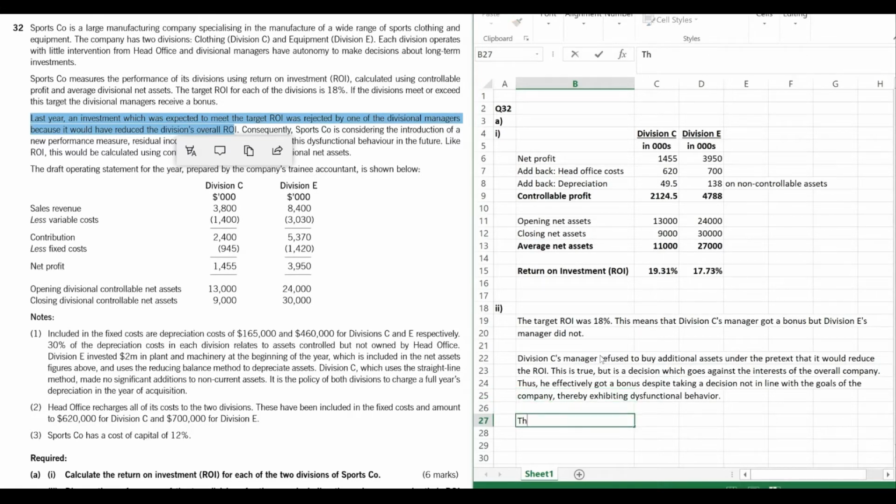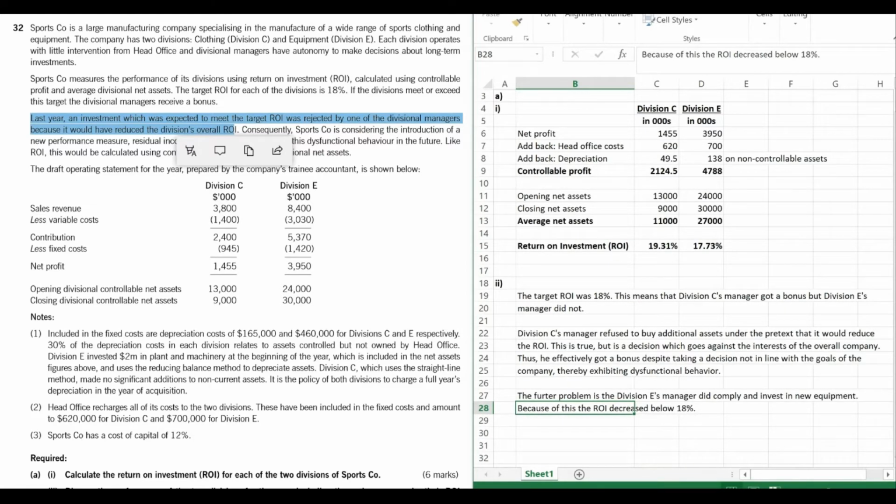The further problem is that Division E's manager did comply and invest in new equipment. Because of this, the ROI decreased below 18%, because as you can see, it's 17.73%.